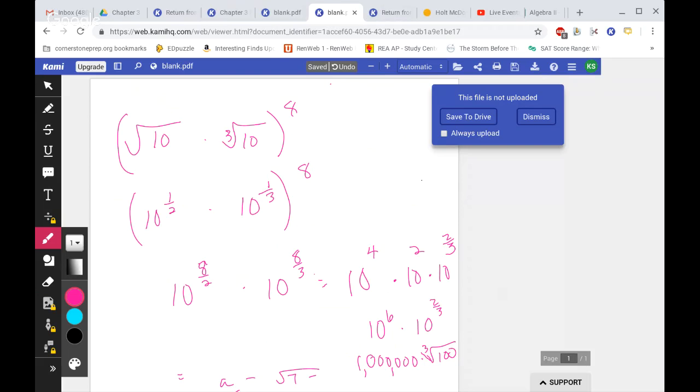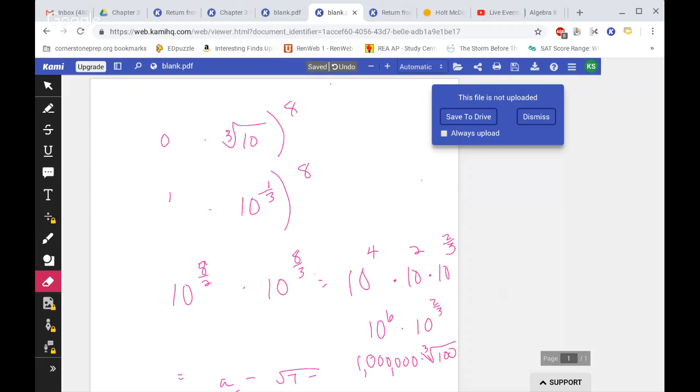Okay. All right. And what was the other one? Number 13. Yeah, in all honesty, these look a little ugly and daunting. I think I've said this in class a lot.